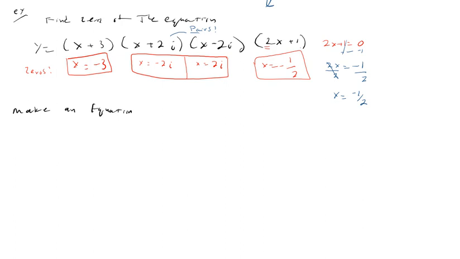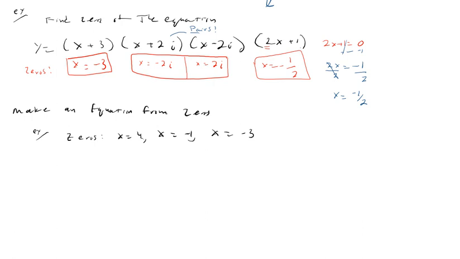So let's say that now we have zeros: x equals 4, x equals negative 1, and x equals negative 3. Now we're going to go backwards. I give you the zeros. I want you to make an equation from these zeros.